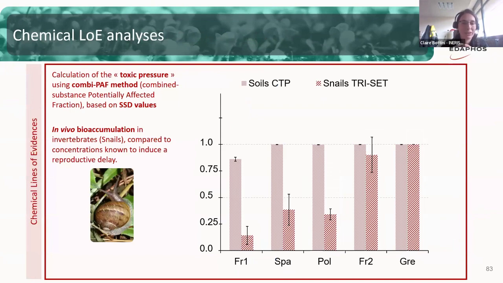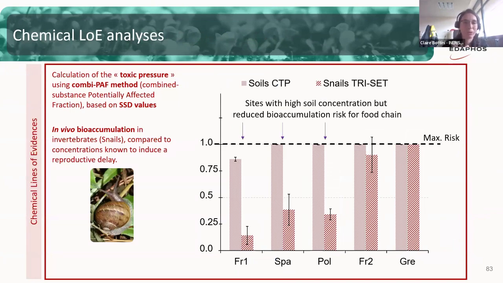So the first result comes from the toxic pressure from the total soil concentration. The closer you are to 1, the more risk there is that the concentration at the site will affect a large number of species, regardless of the kind of effect. The second measure is the snail bioaccumulation.